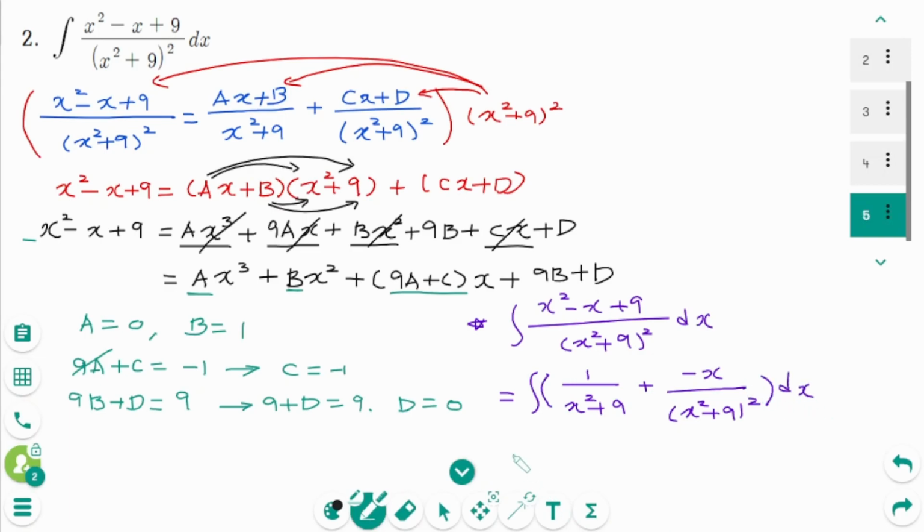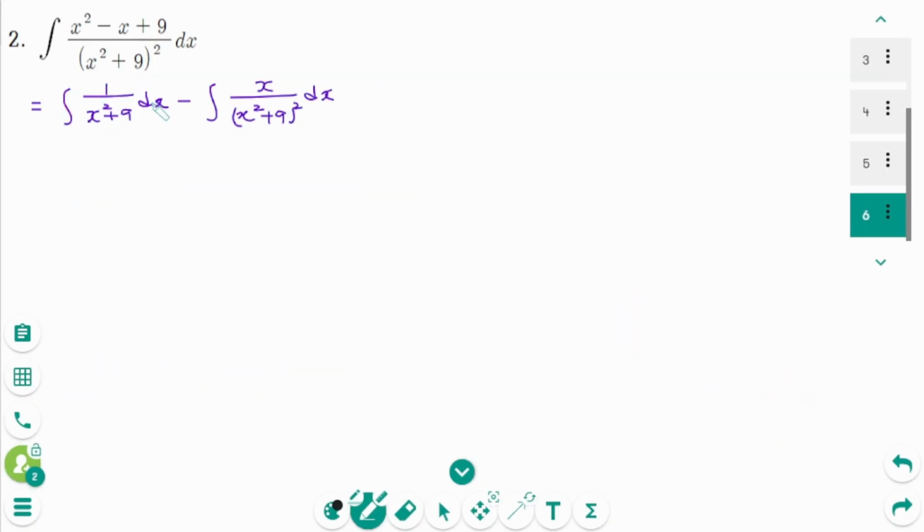Then here we break the integrand into two parts: the integral of 1 over x squared plus 9 dx minus the integral of x over x squared plus 9 squared dx. For the first integral, which involves arctangent, use the formula: the integral of 1 over x squared plus a squared dx equals 1 over a arctangent of x over a plus c.